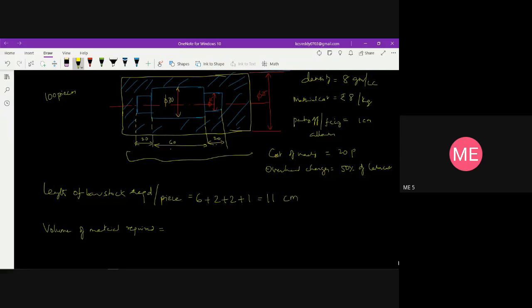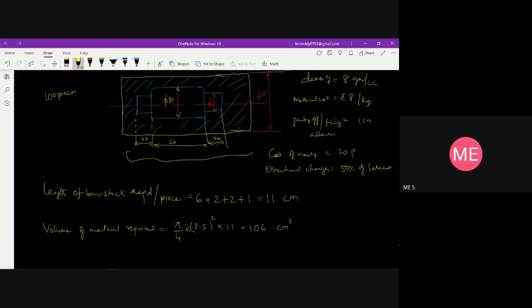So this is the total bar, which will be taken as 35 as the diameter. It is cylindrical, so we can take pi r square h, or pi d square by 4 into h. D is 3.5 into h, the length of this bar, which is taken as 11 centimeters. So you'll be getting it in terms of centimeter cube. Roughly we are going to get 106 centimeter cube.